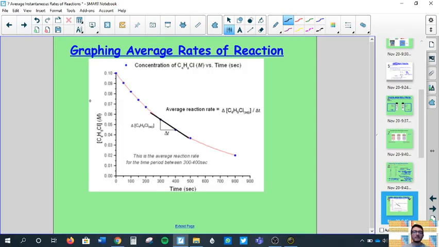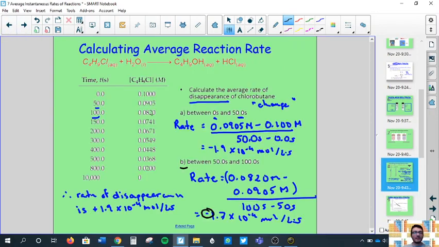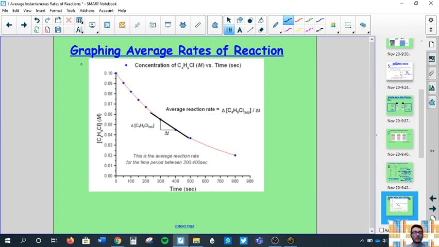All right. So your average rate is really just a slope between 2 points. This is a graphed version. If we graph these points, we get this rate of change for this reactant, chlorobutane, over time in seconds.